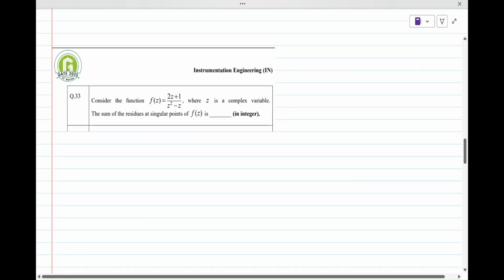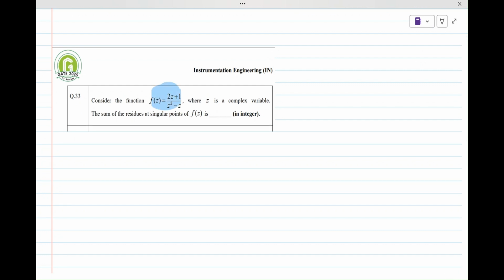The question number 33. Consider the function f of z, where z is a complex variable. We have to find the sum of residues at the singular points of f of z. Now here f of z is given to you, that is (2z plus 1) over z(z minus 1).